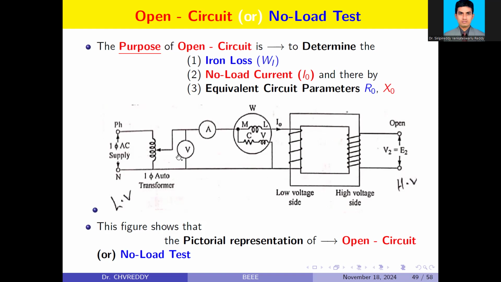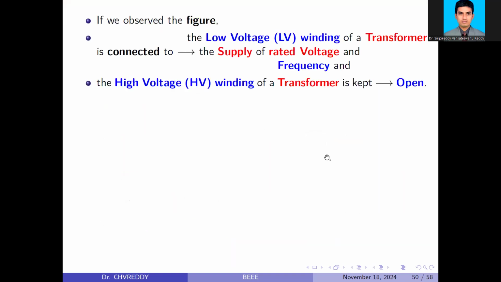Once it reaches 230 volts or 220 volts, we stop varying, and then we measure the corresponding readings. The ammeter will measure the current and the wattmeter will measure the power. As I said, if you observe the figure, the low voltage winding of the transformer is connected to the supply of rated voltage and frequency.